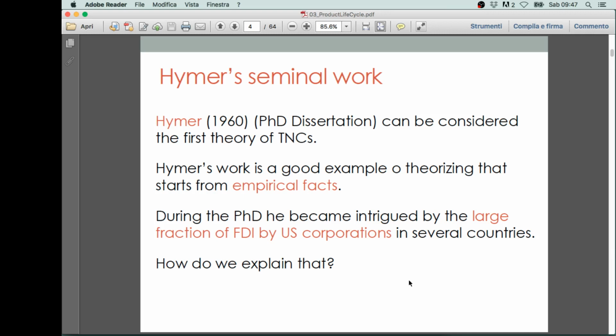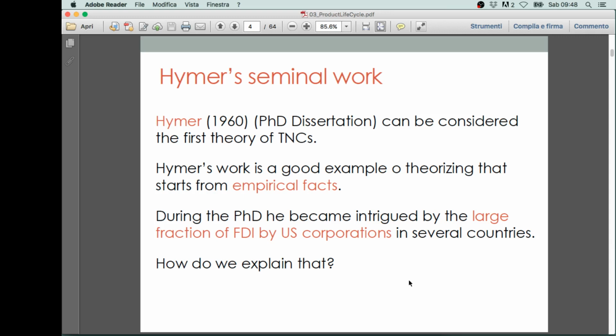Now, it is interesting not only because it's the first one, but also because it is a good example of what is understood as theorizing that starts from empirical facts. In fact, as we will see, Hymer started to focus on multinational companies because he was observing in the data the existence of patterns in foreign direct investments.